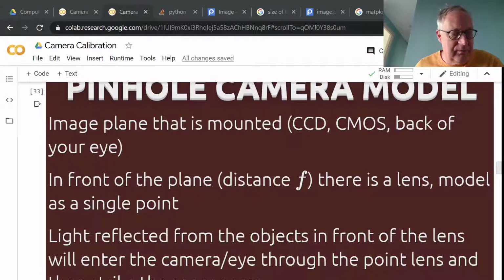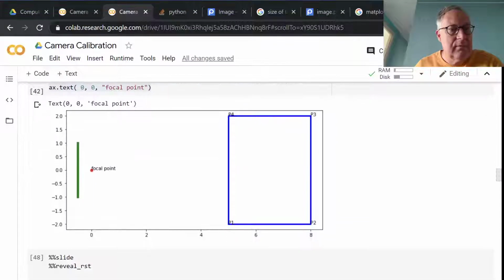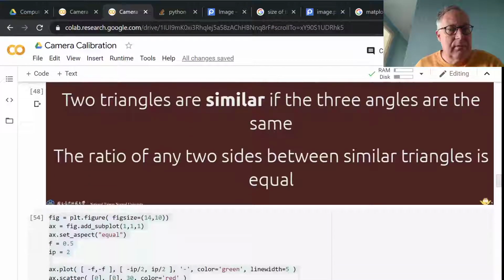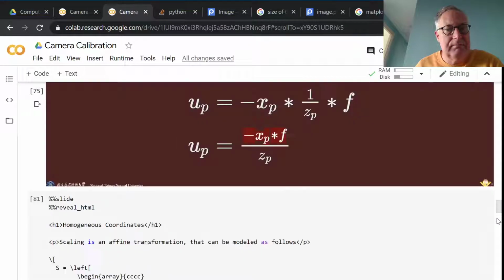So first what I have to do is generate my calibration matrix.